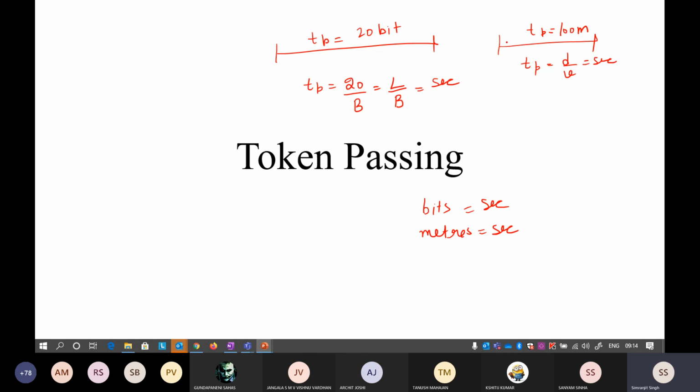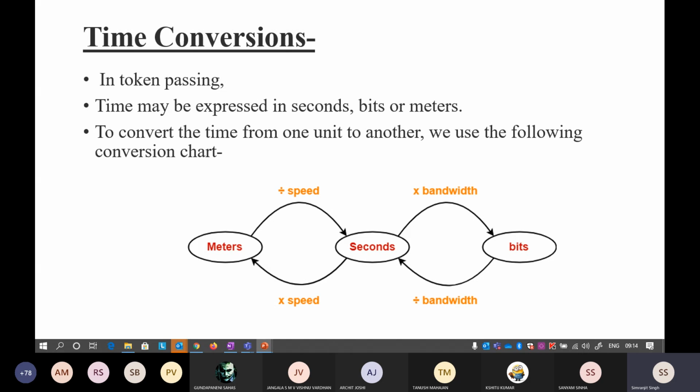Again, there are many time conversions given here. If you are given the time in meters and want to convert it to seconds, you divide it by speed or velocity.